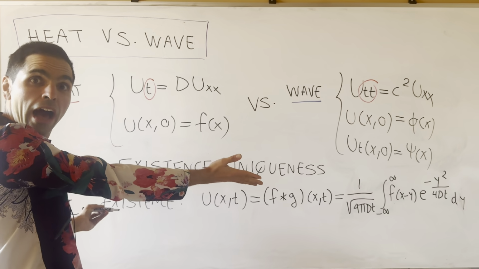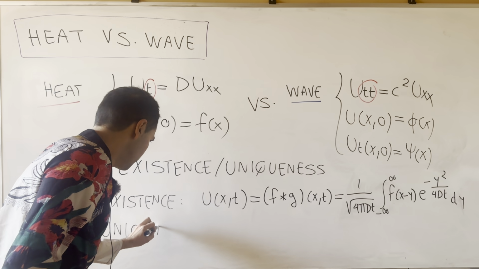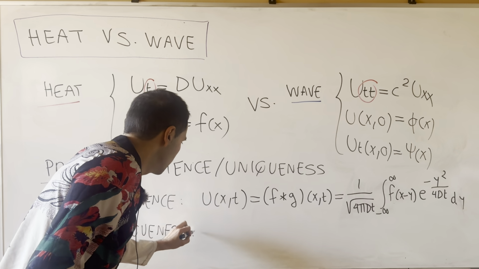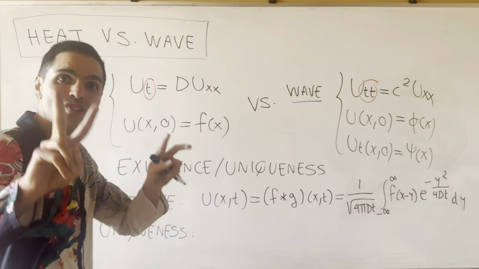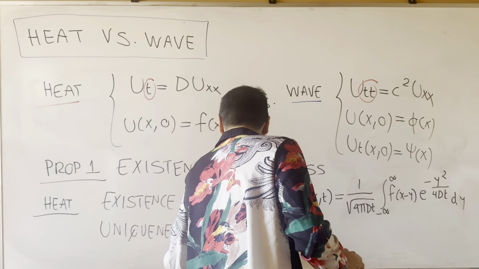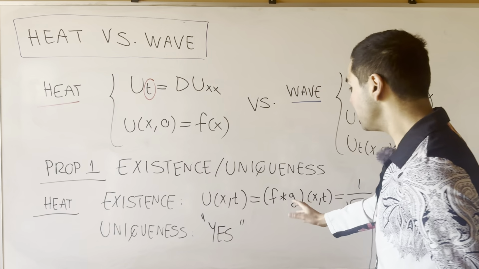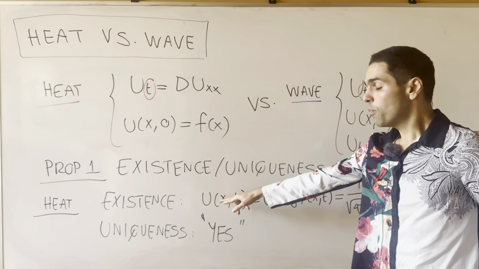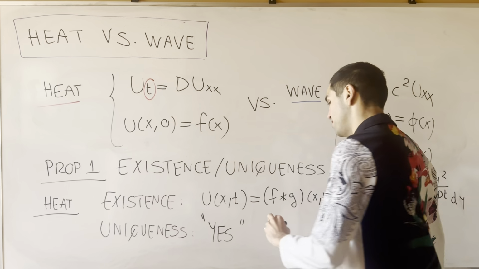So we do have at least one solution, and uniqueness, if you remember the energy method lecture, the answer is yes, essentially, meaning there is uniqueness provided u doesn't grow too fast.